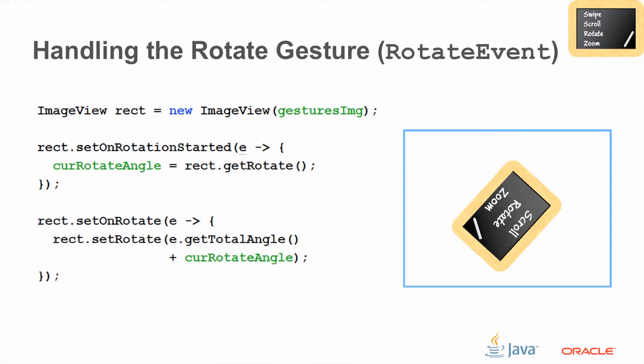So here, when it starts, we look at the current angle, and then as we receive rotation events, we take the total angle that was given to us, and then we add it to the current rotational angle to compute the angle that we should show the node at.